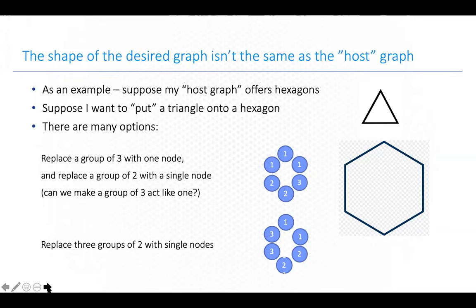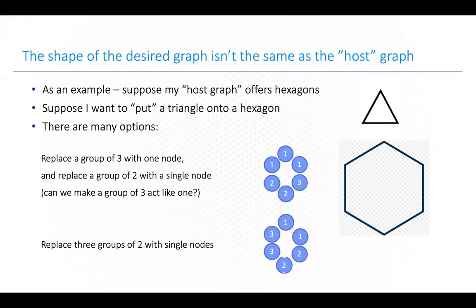So the picture there with the ones in the middle, notice how there are 3 ones on the top part of the hexagon, and then 2 twos and a 3. What I want to do is somehow do the math so that the ones behave like they're all one unit, and they're the top vertex, say, of the triangle.